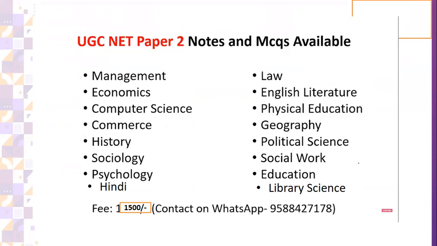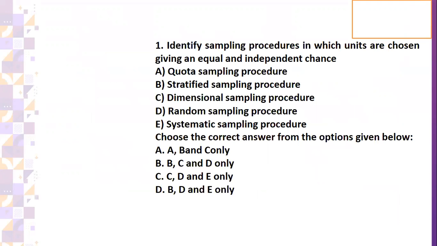So let's start now Paper 1, that is research aptitude questions. So here comes your question number 1. Identify the sampling procedure in which units are chosen giving an equal and independent chance. Now when we talk about the various sampling procedures, whether it is quota sampling, stratified sampling, dimensional sampling, random sampling, or systematic sampling.